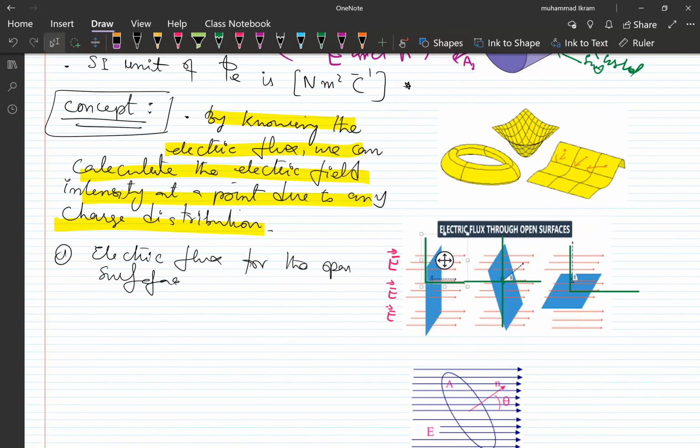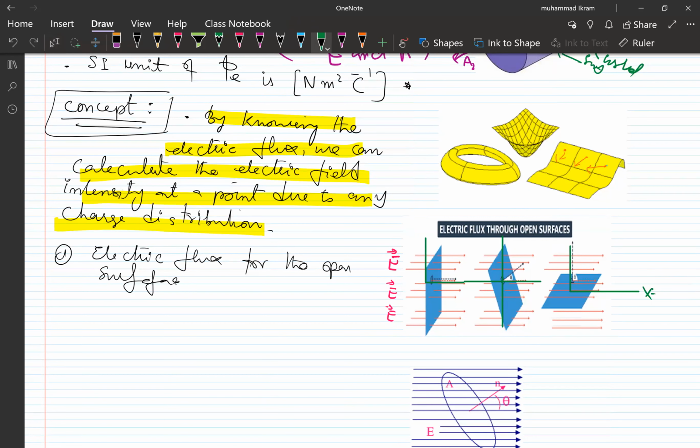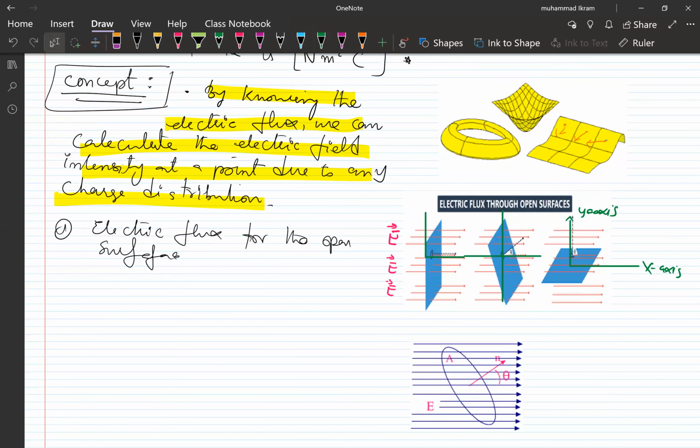As you see it, now look, we have flat surfaces. If I label this as the x-axis and this as the y-axis, then in all the cases, whatever the situation, the electric flux is always EA cos theta.